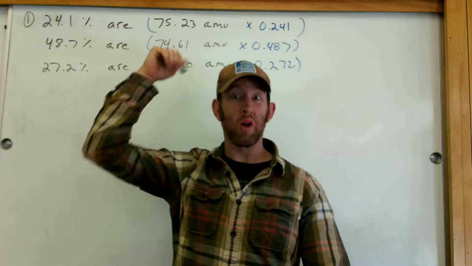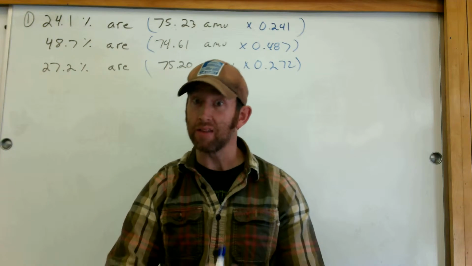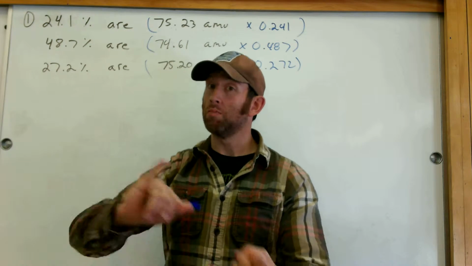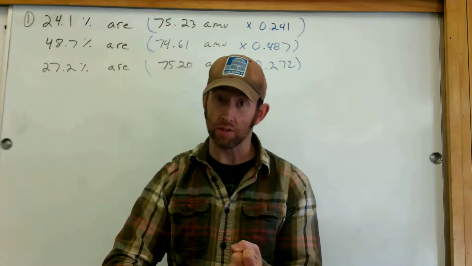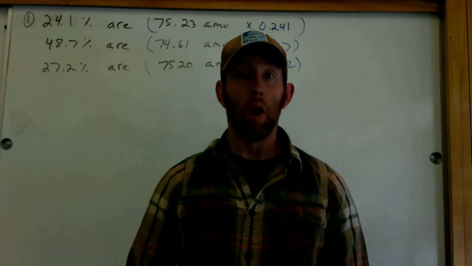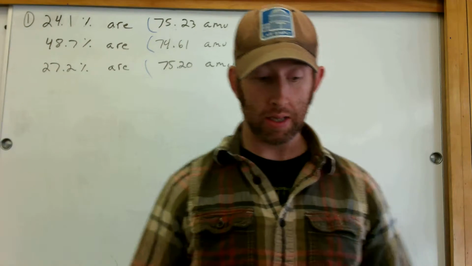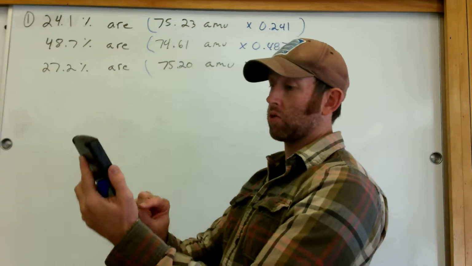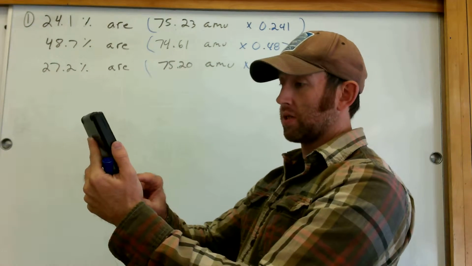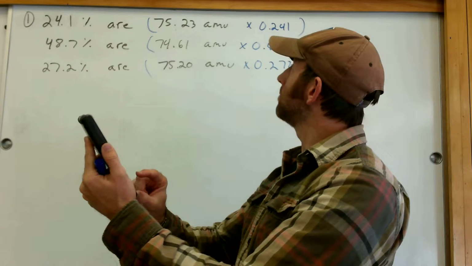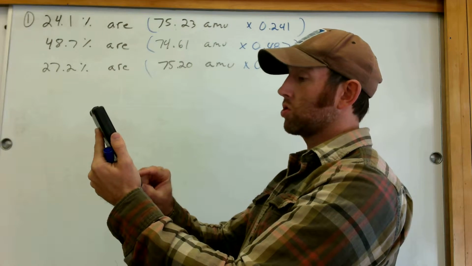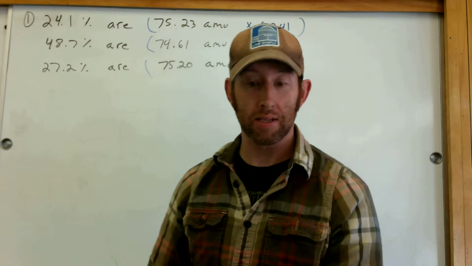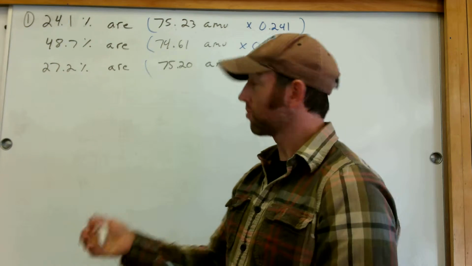Like I said before, instead of adding and dividing with weighted averages, we're going to multiply and then add last. All right. So what I can do in this case is go ahead and multiply my numbers, right? So I got my calculator. I'm going to go 75.23 times 0.241, and I get 18.13.